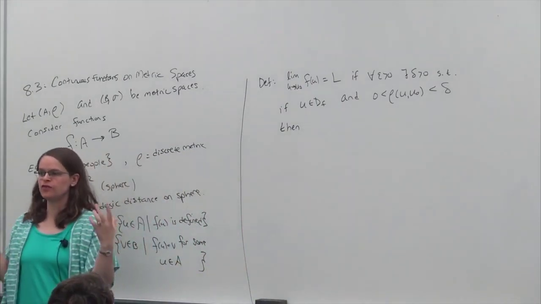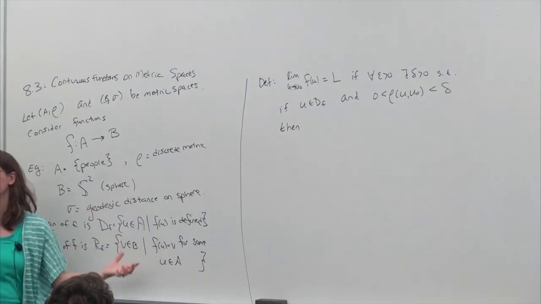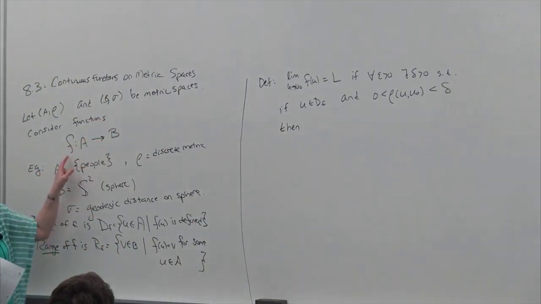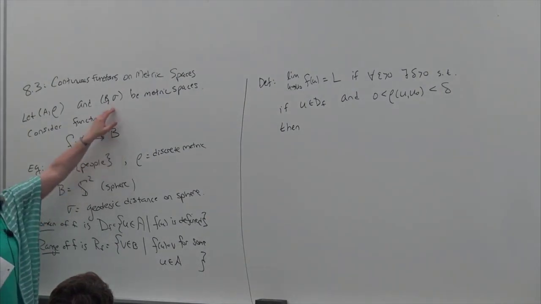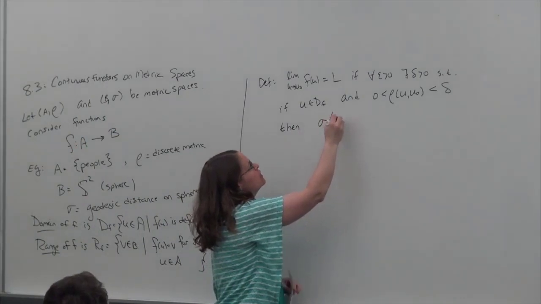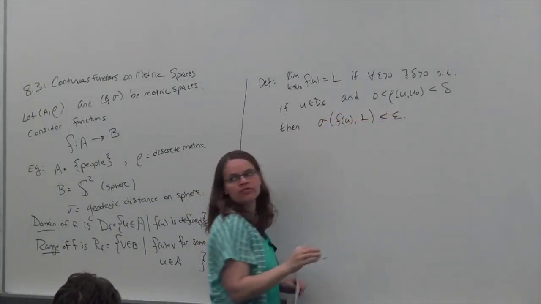Well, now f of u is not a real number anymore, necessarily. So I can't just write f of u minus L. That might not make any sense. Now I have to compare them in the appropriate metric. So f, I'll put something in B. So this is my appropriate metric. So the distance between f of u and L can be made less than epsilon.